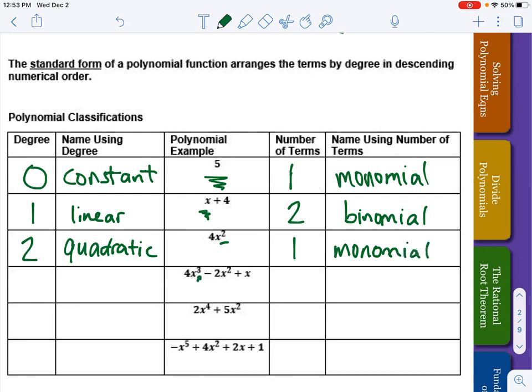This next one, our greatest degree is 3. So we have a cubic. You think of the cube root, or like a cube. To find the volume, you take the 3 sides multiplied. Cubic is 3. There are also 3 terms here, which makes this called a trinomial.